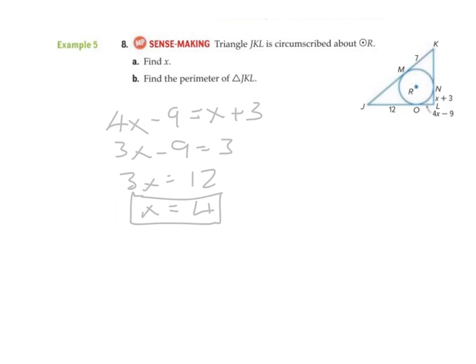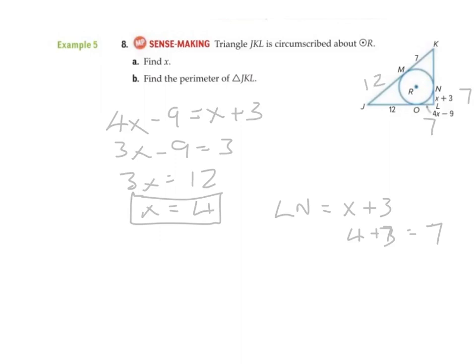So if x equals 4, from L to N is equal to x plus 3, which is 4 plus 3, which makes 7. So we know that both of these are 7. We also know that from J to O and J to M must be congruent, so that must be 12.